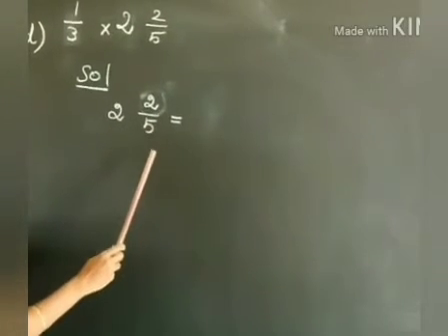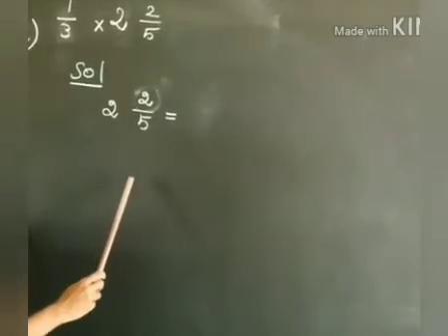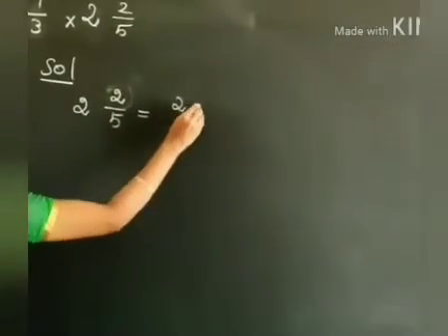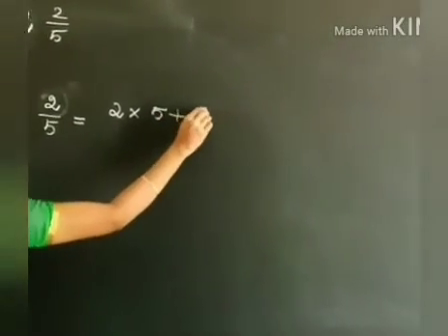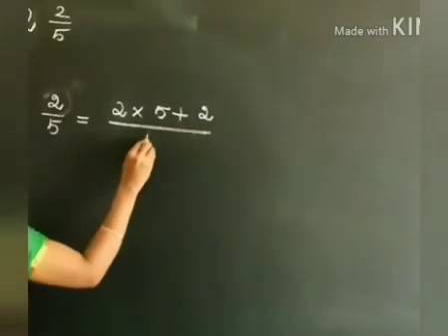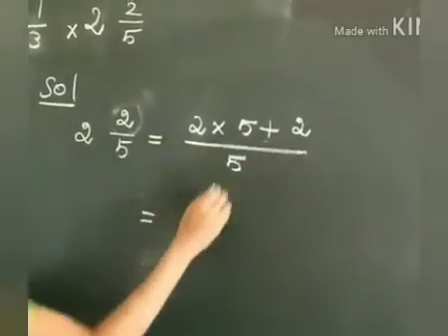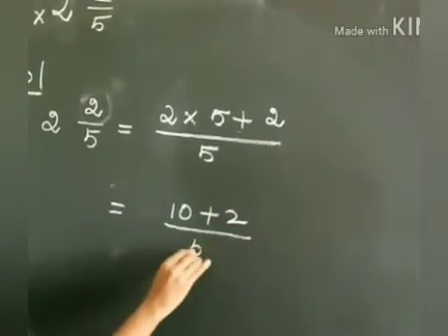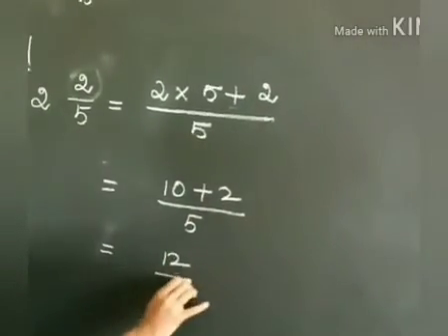What is the formula? Whole number into denominator plus numerator, divided by denominator, which is equal to 2 into 5, 2 5s are 10, plus 2, divided by 5, which is 10 plus 2, 12 divided by 5.